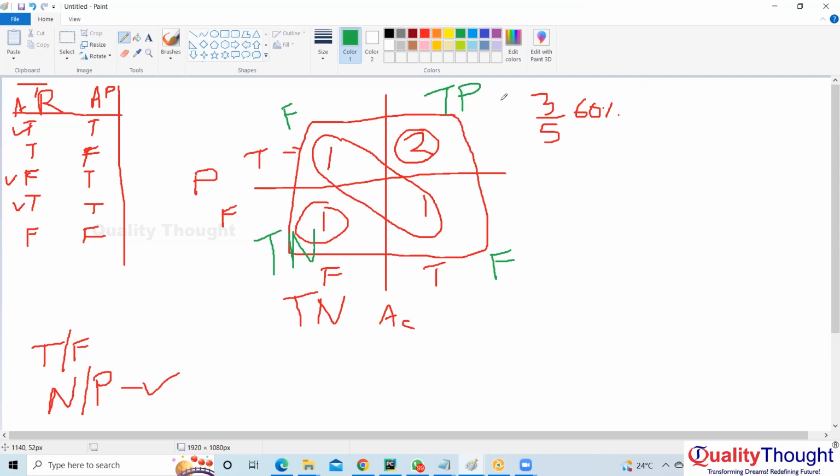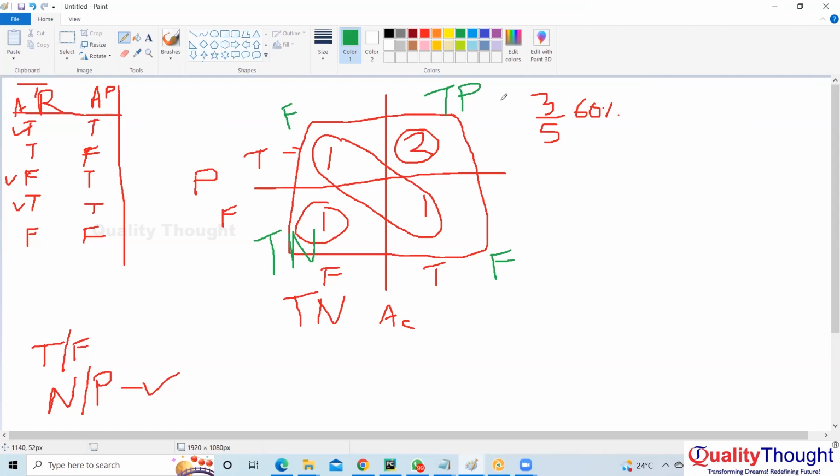Always based on prediction. What did you predict? No, so it is negative. But did you get it right or wrong? I got it right, so true negative. No, your doctor got it wrong, so false negative. So we have false negative, true negative, false positive, and true positive. True means prediction and actual are the same.